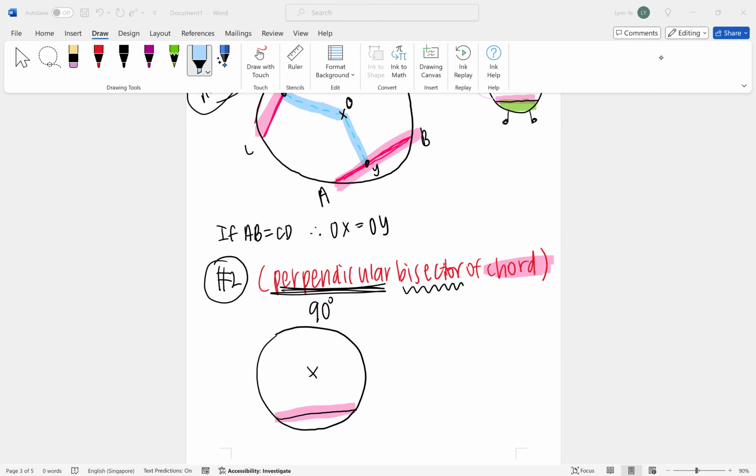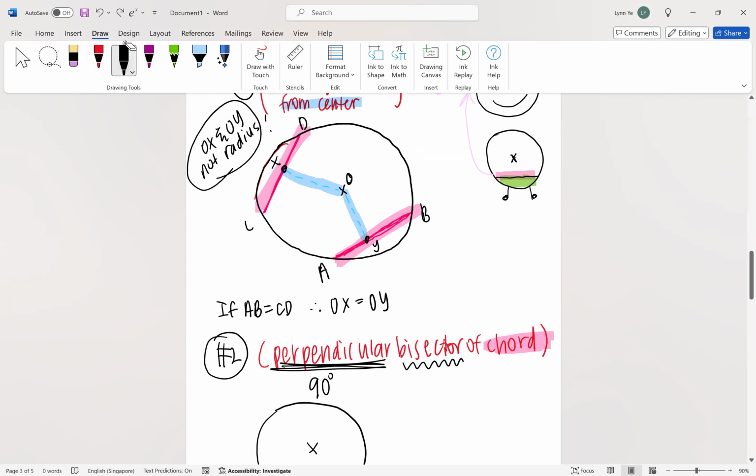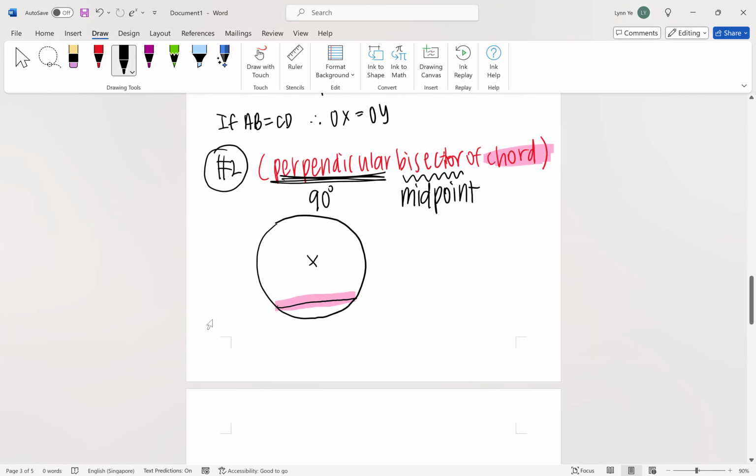Midpoint is linked to your coordinate geometry. So midpoint is your middle.